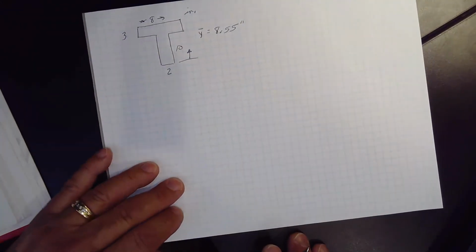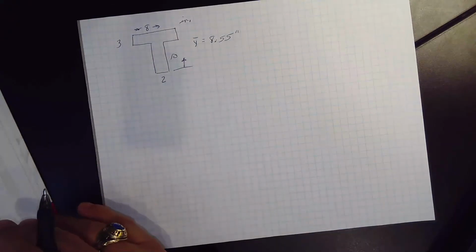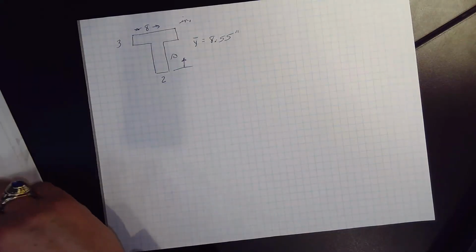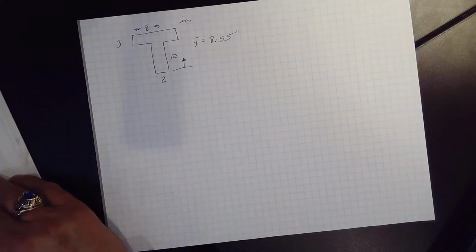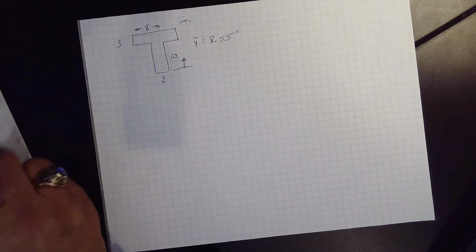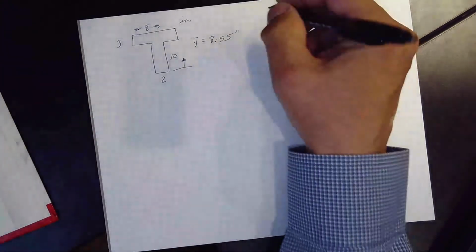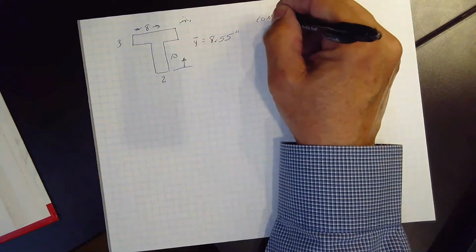How do we calculate I of that? Once again, we can do it in parts. This is called, oh no, not that. That's product of inertia. This is called composite areas.